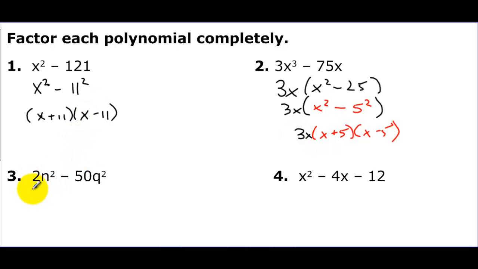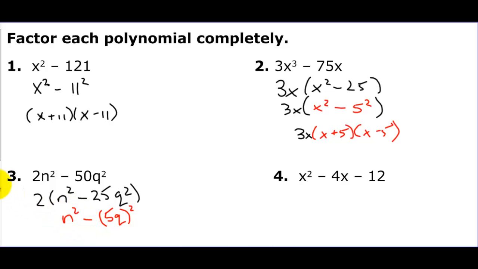Okay? Same thing happens with problem number 3. I'm going to say 2 and 50 have a 2 in common, so I'm going to remove that. And I'm left with n squared minus 25q squared. And we can say that 25q squared is the same as 5q times 5q, which is the same as 5q squared.